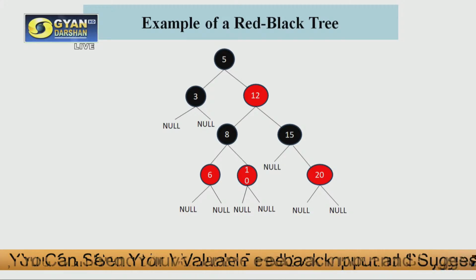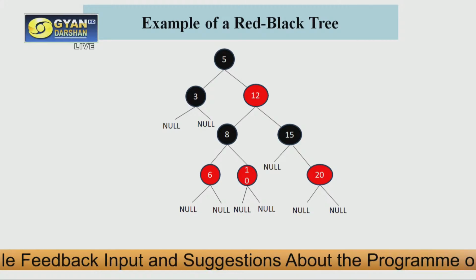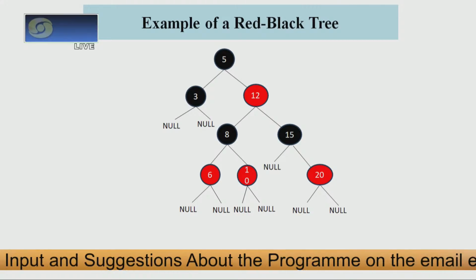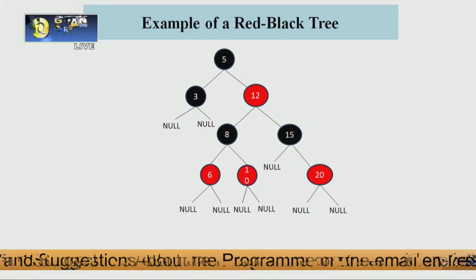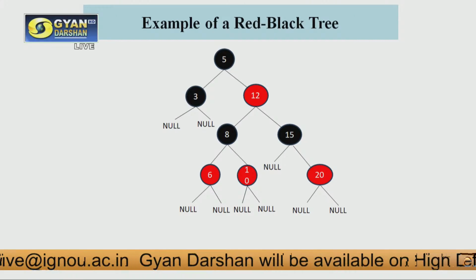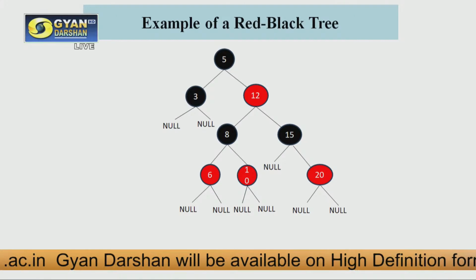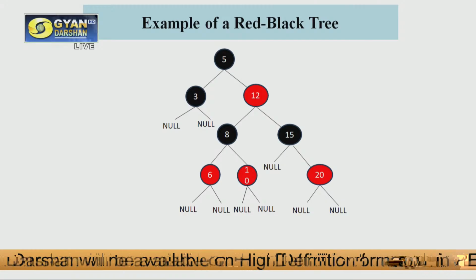So that property is also satisfied. Each path here has a maximum of two black nodes. The null nodes, which means the leaf node does not have any children, are by default assumed to be black nodes.